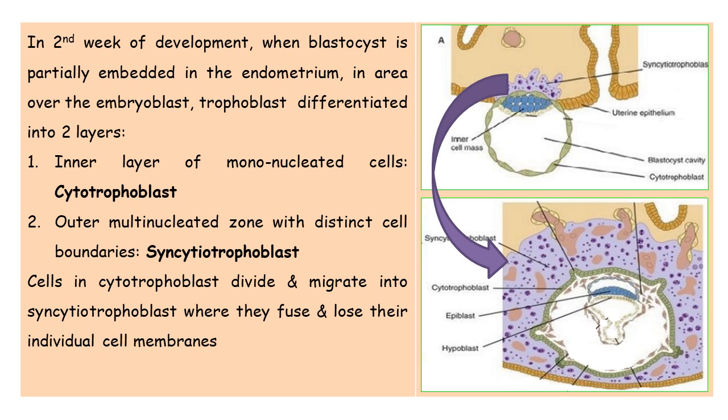So cells in the cytotrophoblast divide and migrate into the syncytiotrophoblast, where they fuse and lose their individual cell membranes and convert into the multinucleated zone. So this multinucleated zone is in the endometrial lining, and this syncytiotrophoblast is surrounding the future embryo.